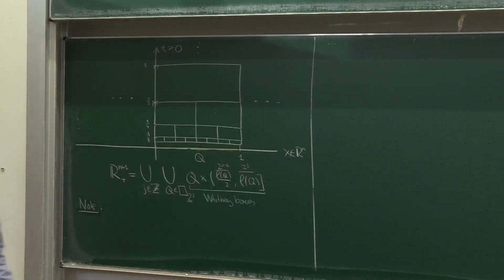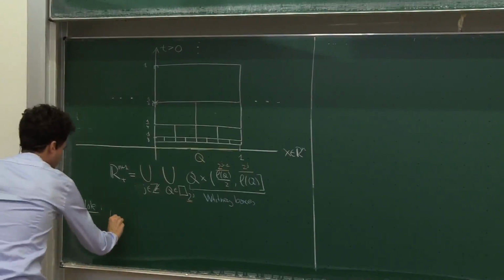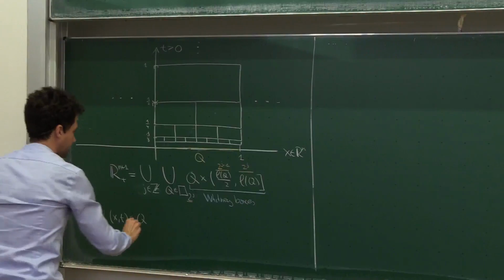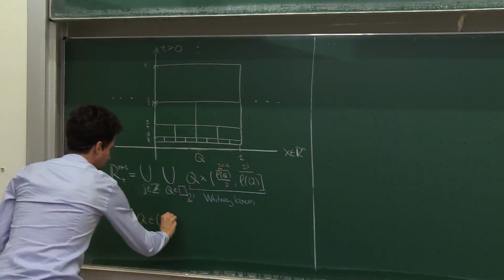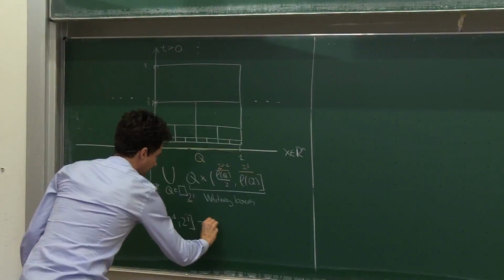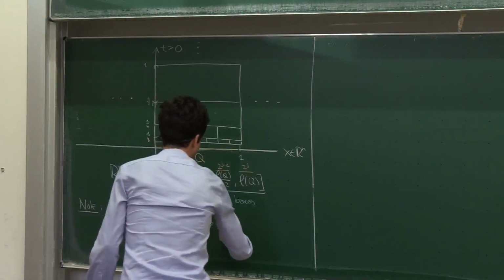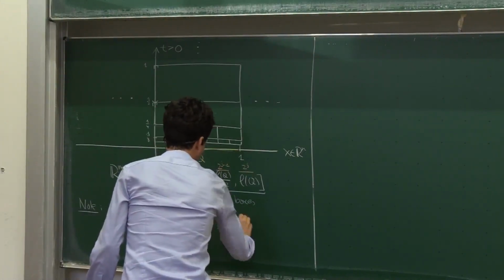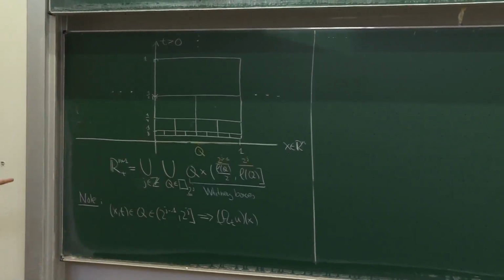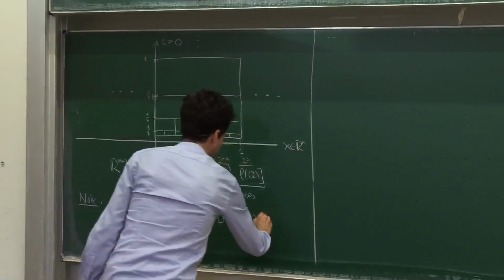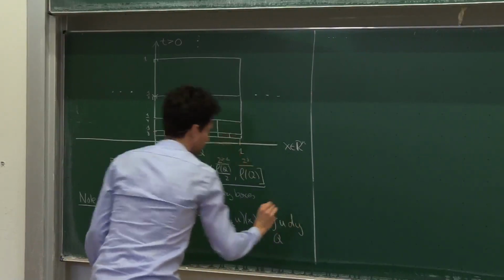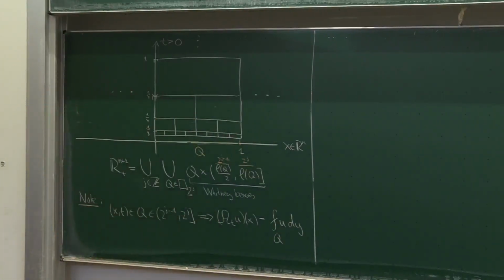if (x, t) is contained in a Whitney box, then this means that the dyadic averaging operator of scale t at x is going to use exactly the box Q. Okay?